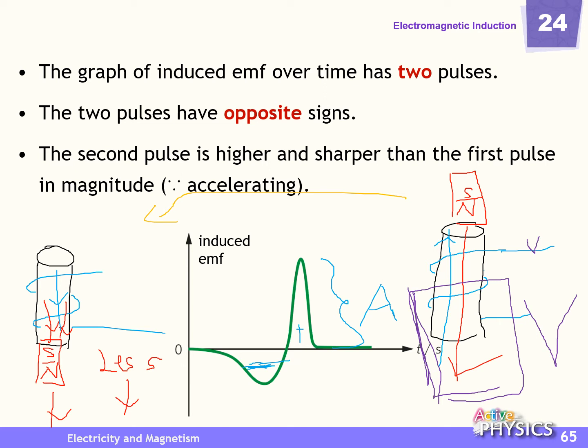Then you see that there is a position which is zero, with no induced EMF. When the magnet drops to the middle of the solenoid, there will be no induced EMF.